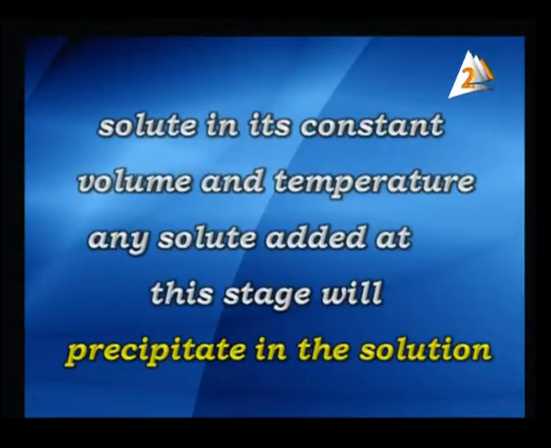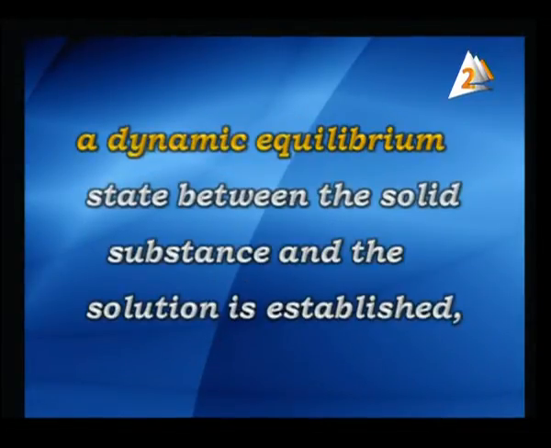After that, a dynamic equilibrium state between the solid substance and the solution is established here. Why? Because of the dissociation of the salt in water into many ions, and because you have a solid one.